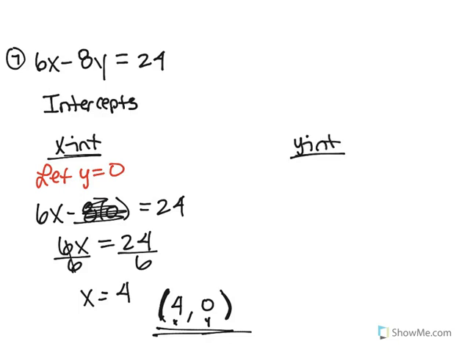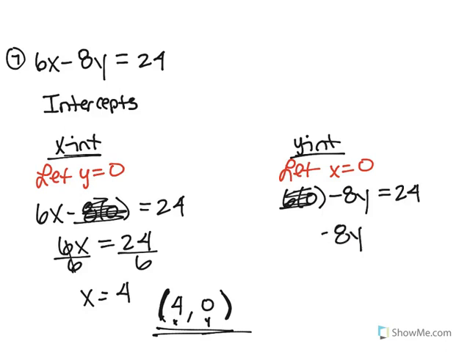Then when we turn around and find the y-intercept, we're going to do just the reverse. We're going to this time let x be 0. So when you let x be 0, again, that just means that that particular variable is gone. So that doesn't exist.